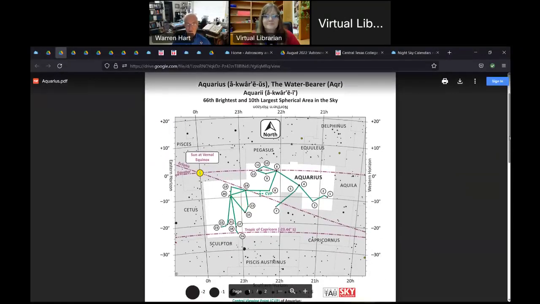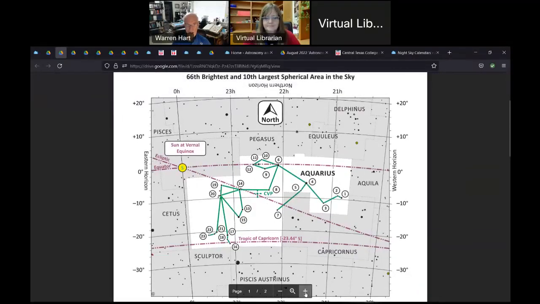Same thing as at the top: Latin name, English name, and there you see brightness and how large it is and different things. And we have here the outline, if you will, connecting with the green line of the stars to make Aquarius, carrying the water bag.